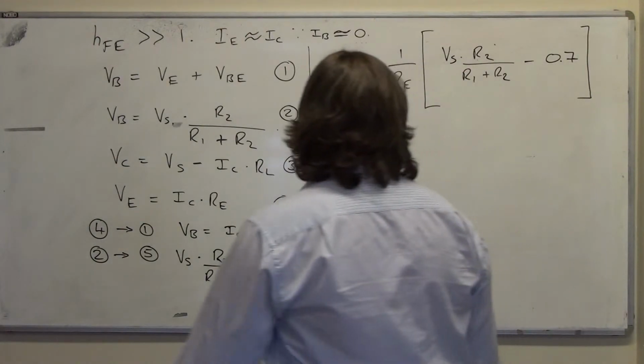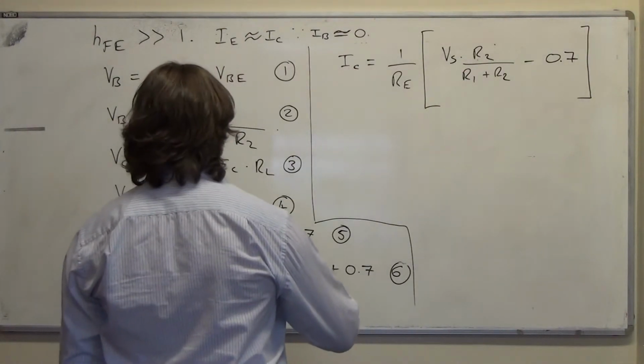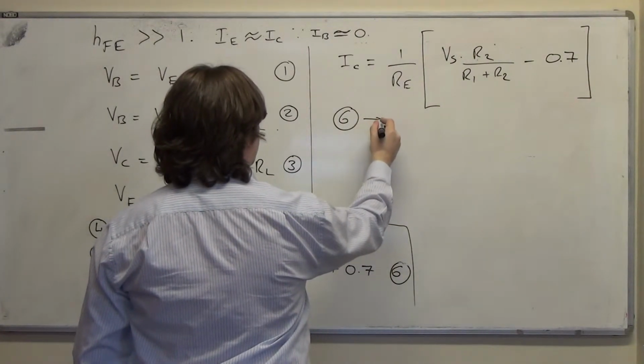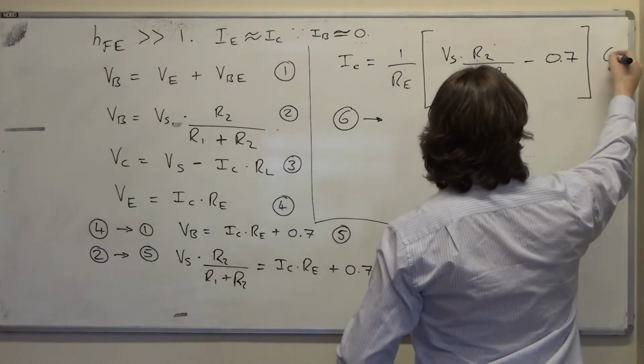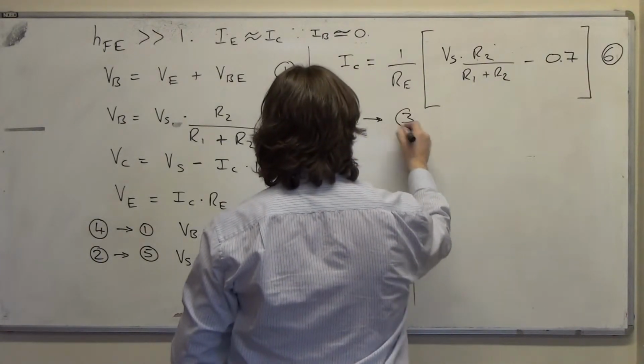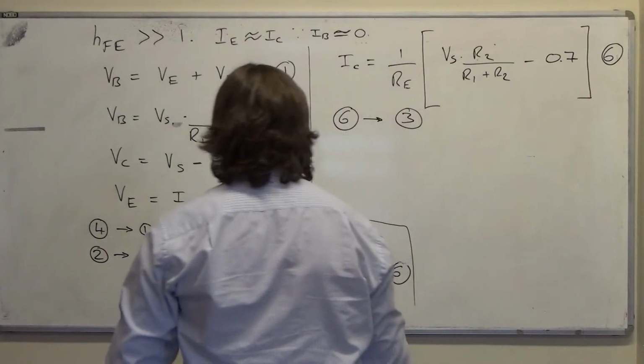So in that case, the only thing I'm left to do now is say, so this is 6 as well, but slightly rearranged. 6 into 3 will give me an expression for VC.